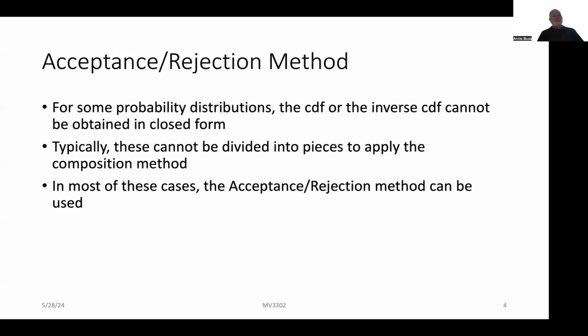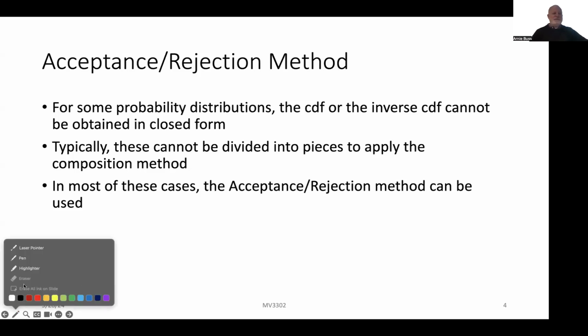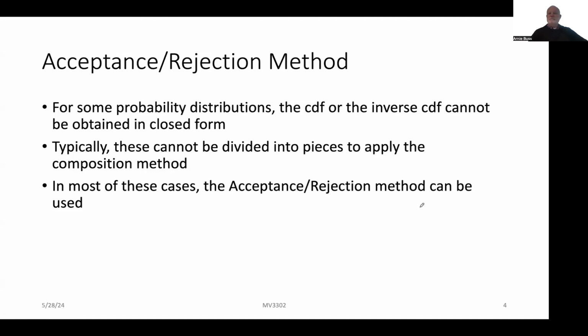And now, okay, so now for something really weird. And that's the acceptance rejection method. I don't know if this is true or not, but legend has it that this has been attributed to von Neumann. You know who von Neumann was, right? No. Google it.